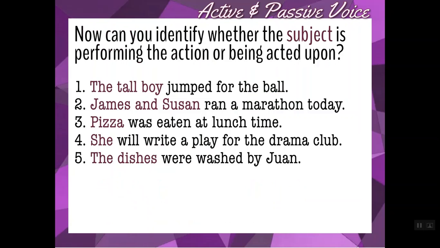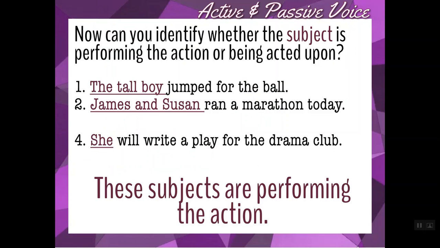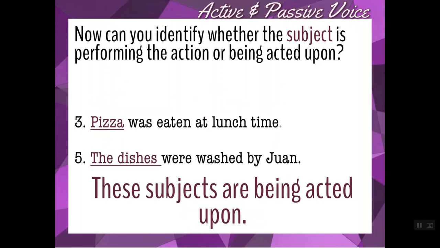Now, can you identify whether the subject is performing the action or being acted upon? This is the difference between active and passive voice. These are the subjects that are performing the action. The tall boy jumped for the ball. James and Susan ran. She will write. Those are all active. These are passive. These are subjects that are being acted upon.